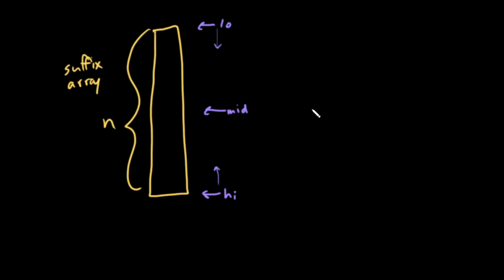Instead, what if I just do two different binary searches? So what I could do is a binary search for the low. I can do one binary search where I start with this range, and then maybe the midpoint is bigger than my query, so then I'll do it in this range, and then maybe my midpoint again is bigger than my query, so I'll do it in this range.